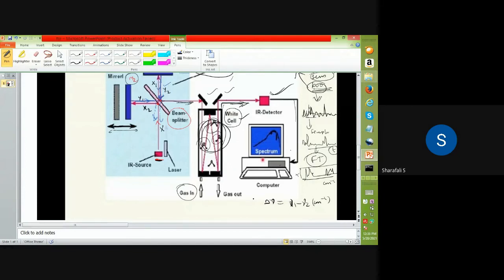In case of an FTIR spectrometer, we can also define that as 1 by delta max, which means that resolution is equal to 1 by delta max. So the delta max is nothing but the distance of the mirror travel.